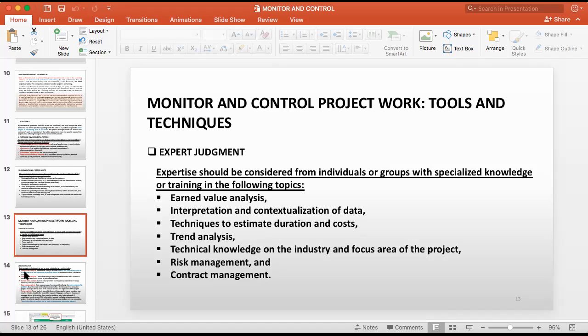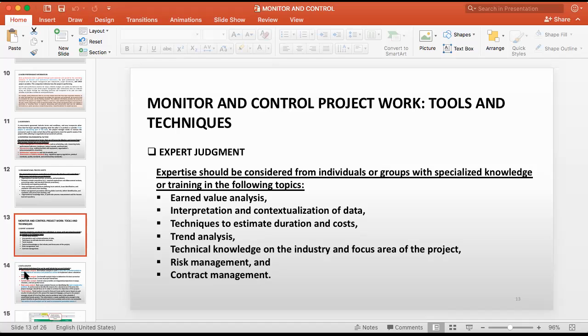Claims are unavoidable if you don't have real contract administration work in projects, especially construction projects. It happens normally because I'm involved in the construction industry, so I know this type of problem always comes up in construction. If you don't manage the contract properly, if you have an agreement with people to do the work, agreement means there is a binding contract with some other organization.